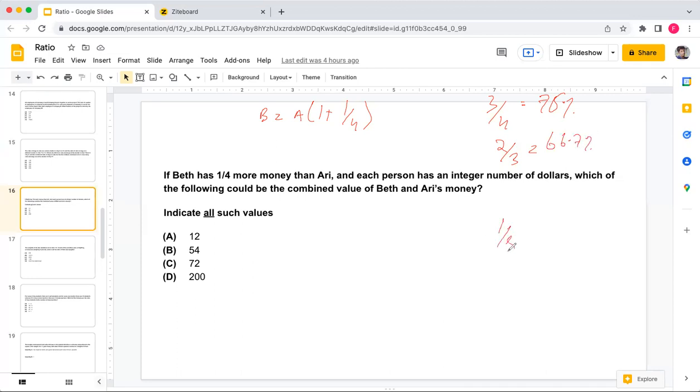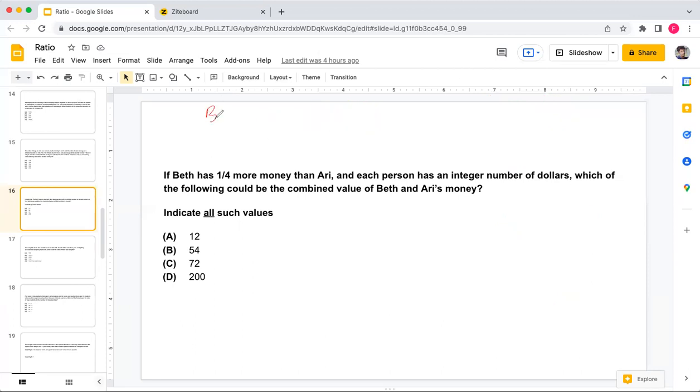Okay, so what is 1/8? 12.5%. Okay, and one last. What is 1/9? 11.1%. You should know these.